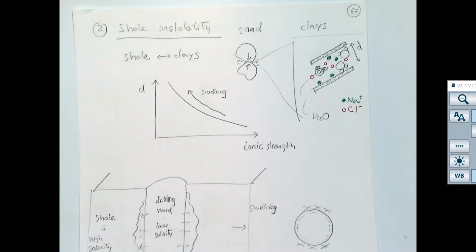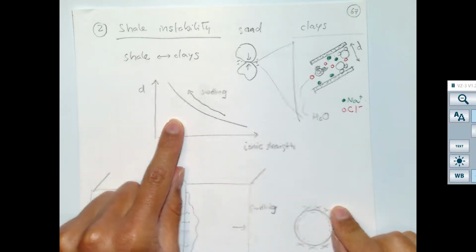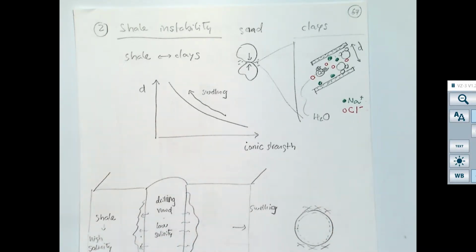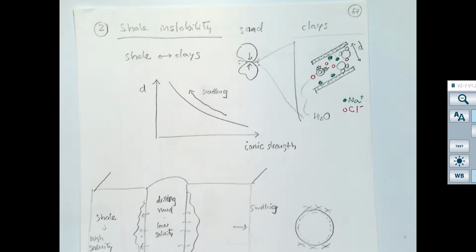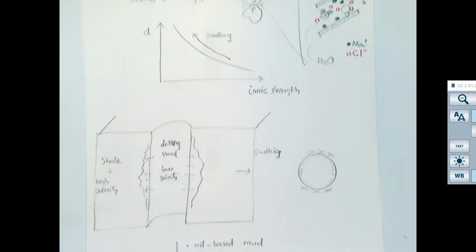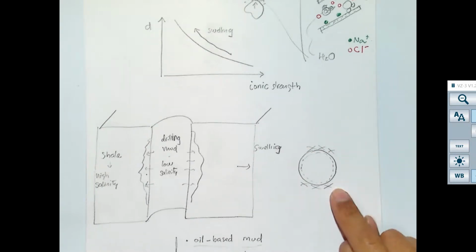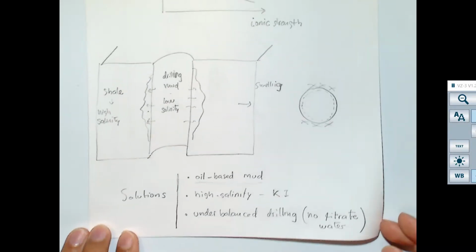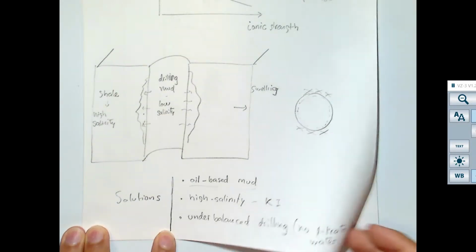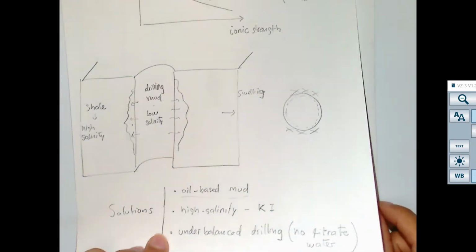When the salinity is lower, or when you freshen the water of the shale, the shale tends to expand, and that expansion can cause breakouts around the wellbore, because you have more compression around the wellbore, more compressive hoop stresses, and also your rock may get a little bit weaker as well. And we saw the solutions for that, something that you should remember, but I'm not going to mention again.